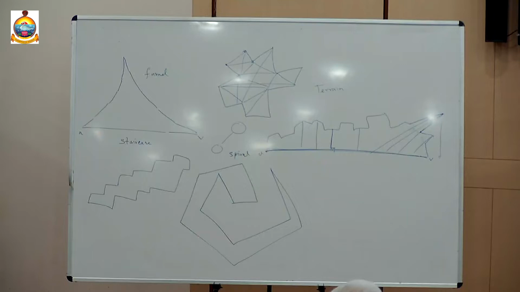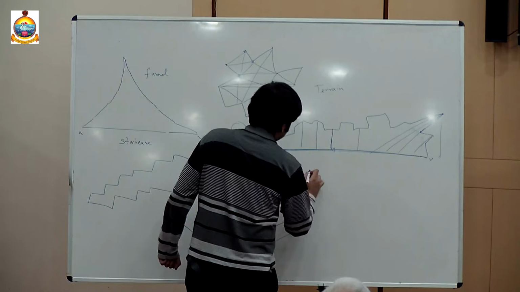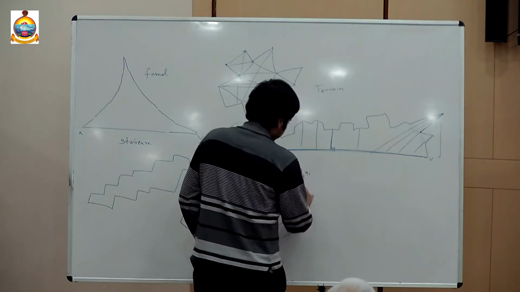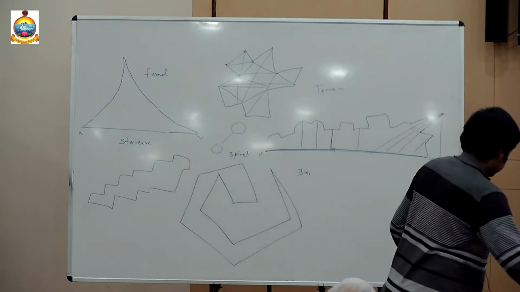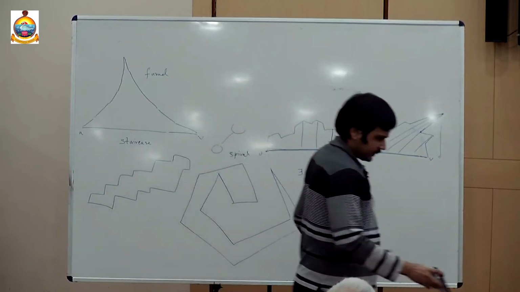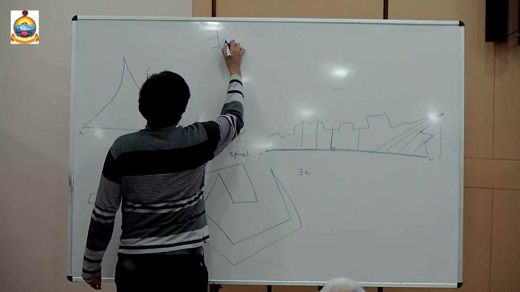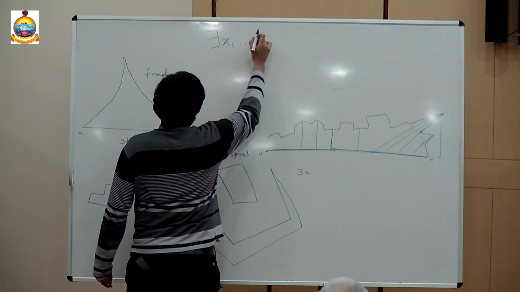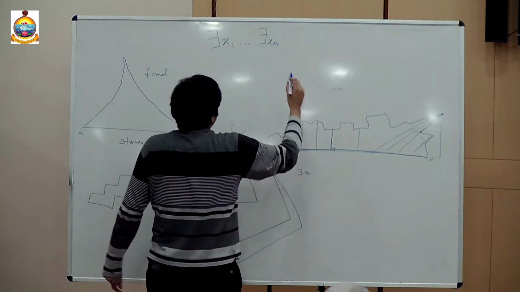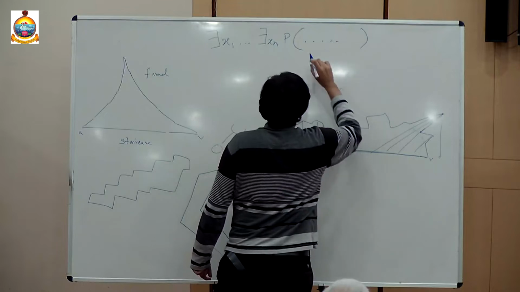So, basically a formula like this: there exists x1 up to xn, then there is a predicate in first order logic.